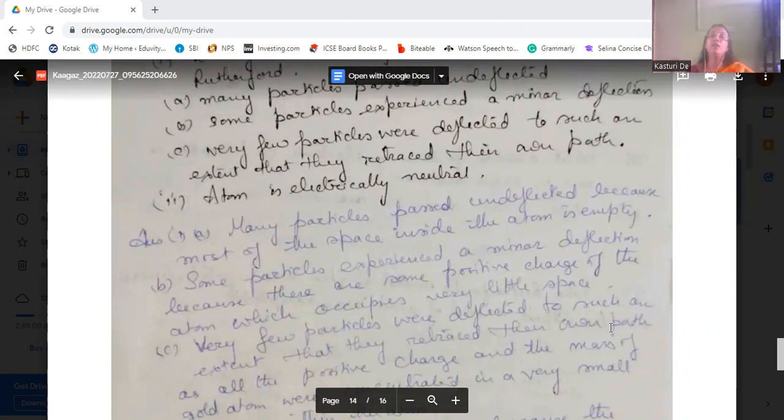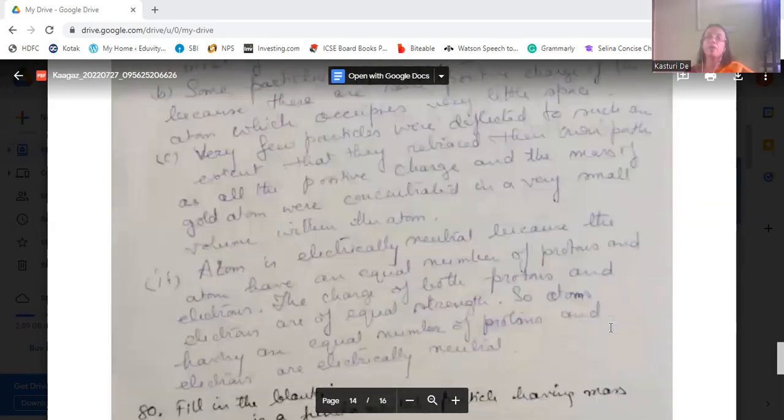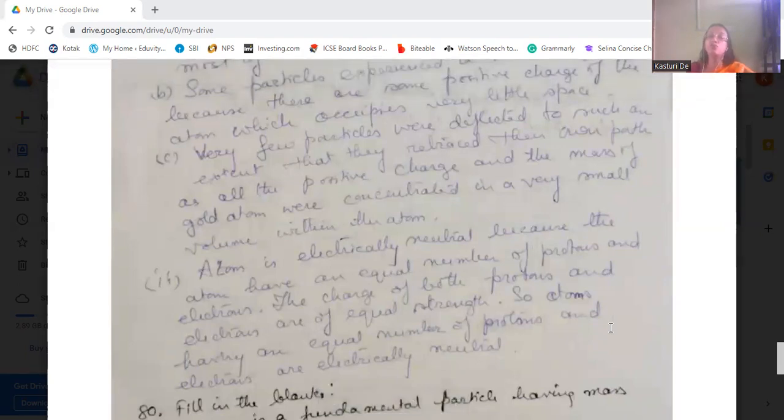Then very few particles were deflected to such an extent that they retrace their own path, because the center contains the positive charge, and therefore the similar charges will cause the rays to get deflected and retrace their own path.